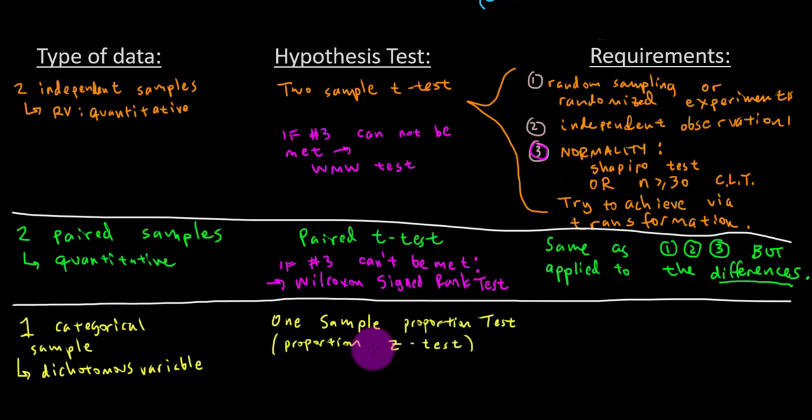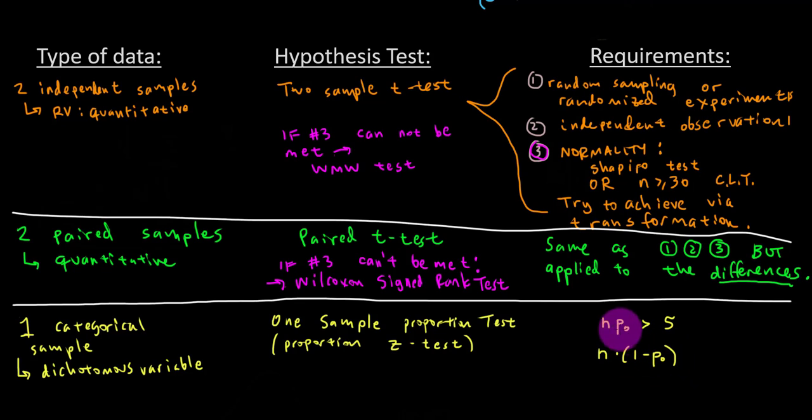Using a normal distribution for proportions requires that its sampling distribution is also normally distributed, and that is generally accepted if these 2 criteria are met.